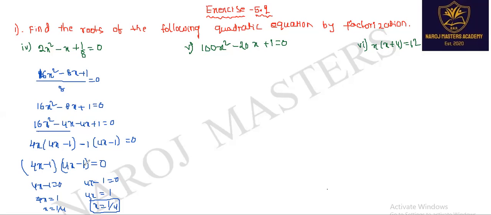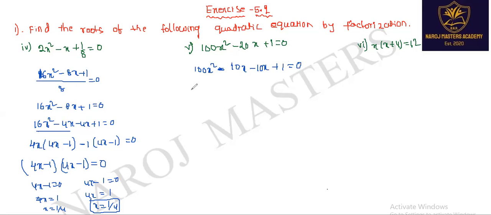Okay. Now look at the next question. 100x square minus 20x plus 1 equal to 0. Then 100x square minus, I'm making into this, 10x minus 10x plus 1 equal to 0.